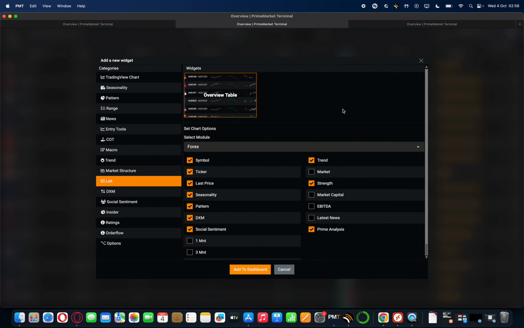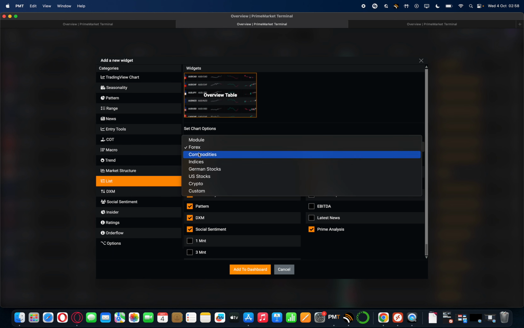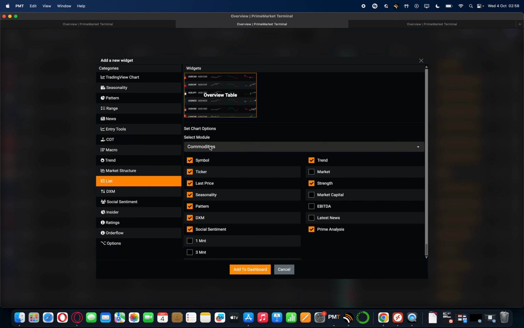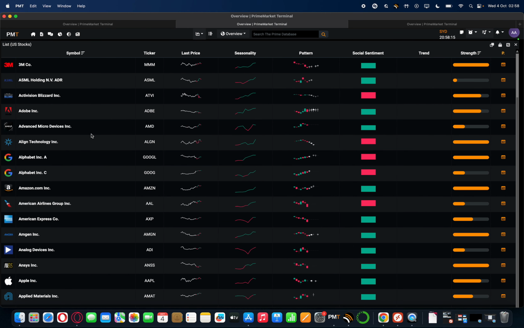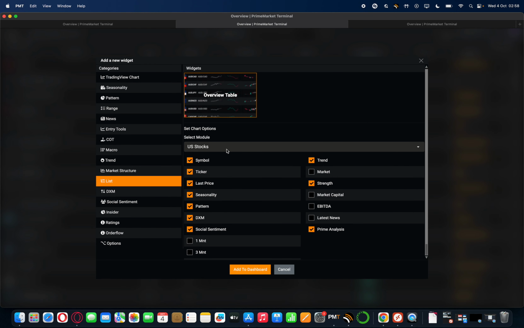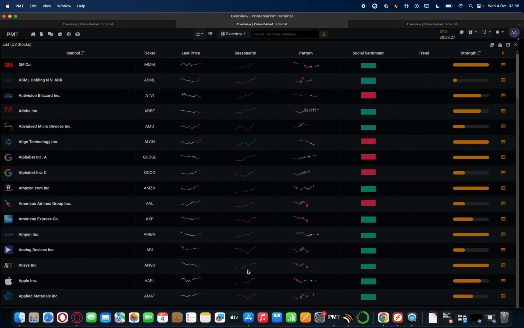Under settings, where you have the select module, you can select commodities or US stocks. If I click on US stocks and click add to dashboard, you can see it has switched from currency pairs to the US stock markets. I can just switch it back to currency pairs because I'm going to be focusing more on currency pairs in this video.